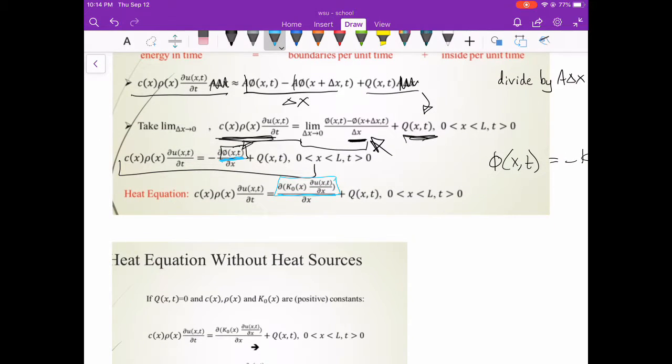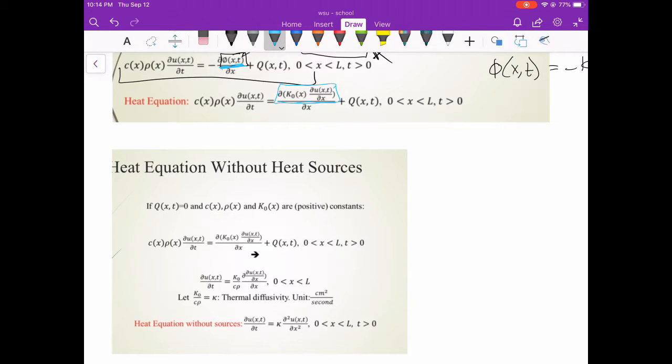So the more interesting thing, though, is this chunk without heat sources, because we're saying that if Q is 0, meaning this part will go away, and the heat capacity, the density, and this K are constants, meaning this and this are not going to change, then we're allowed to manipulate this equation a little bit more.